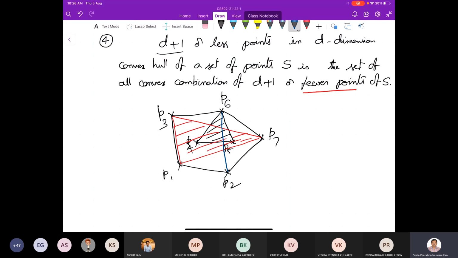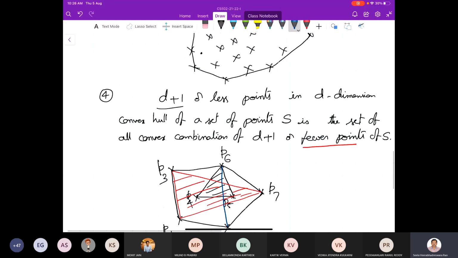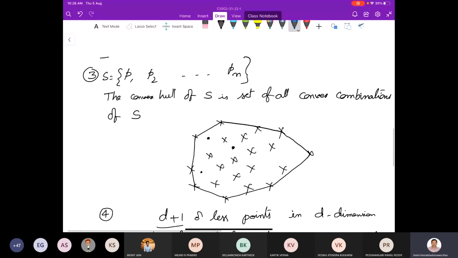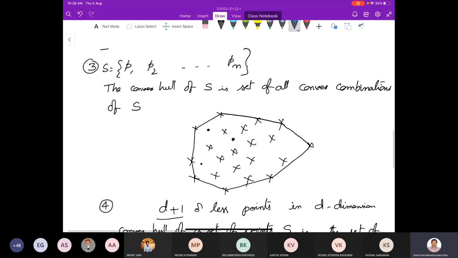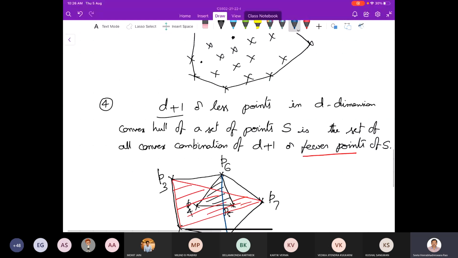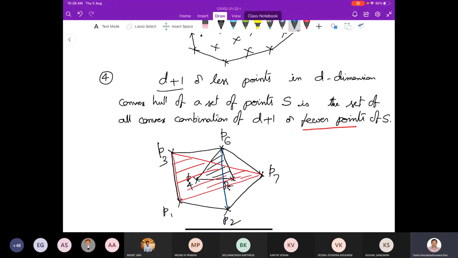So in this definition we are using only D plus 1 points or fewer. That is the one difference between the previous definition and this definition. But still both of them give you the same object, the convex hull of these points.